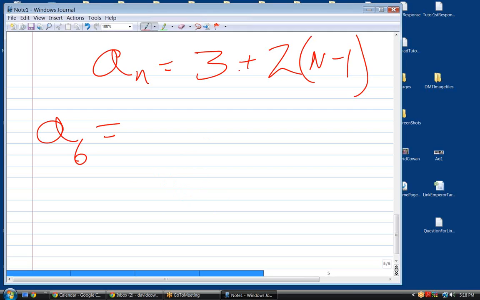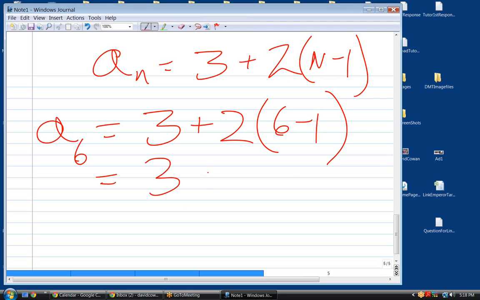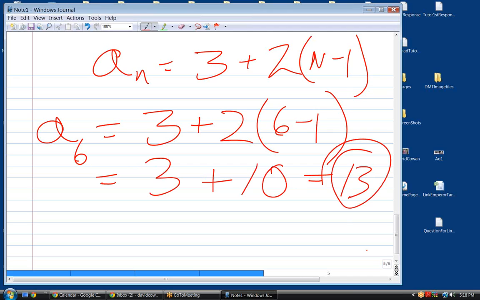And in this case, it's equal to what? 3 plus 2 times, what's n? 6 minus 1. So by that formula, we can figure out what any term is, no matter how big it is, just by substituting, as long as you know the first term and the common difference.